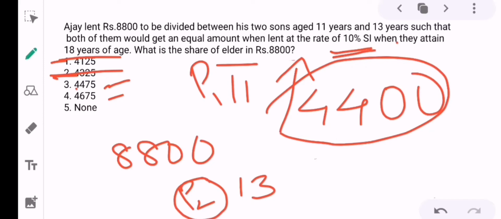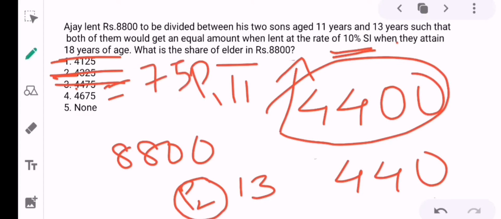So 10% of 4400 is 440. So obviously 4475 will not be the answer because the difference is only 75 rupees, which is impossible since 1 year interest is nearly 440. So the only possible answer is 4675.